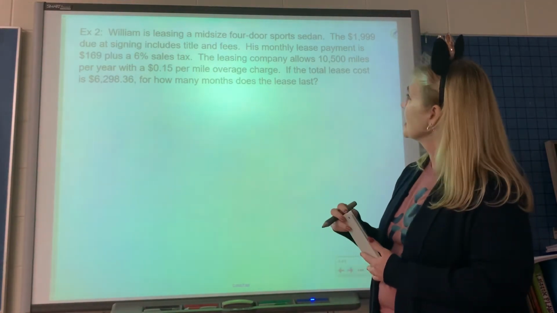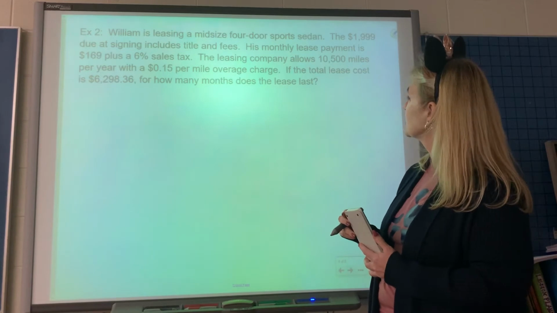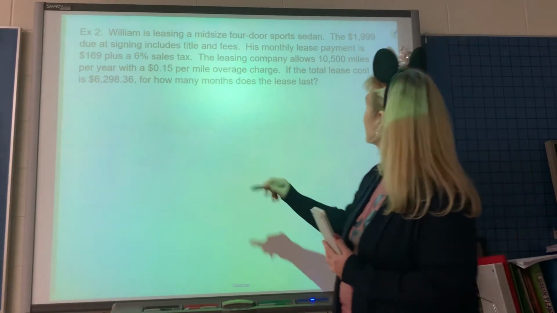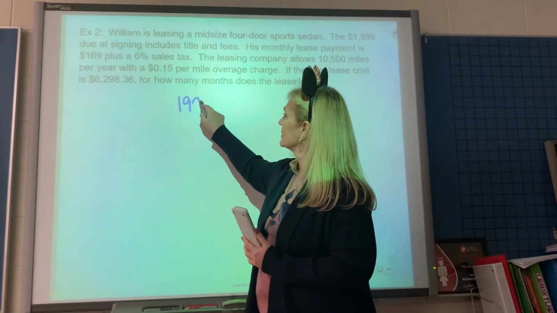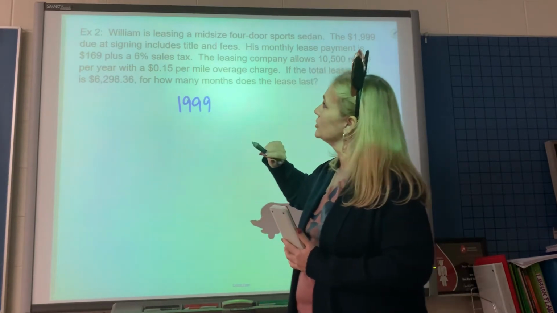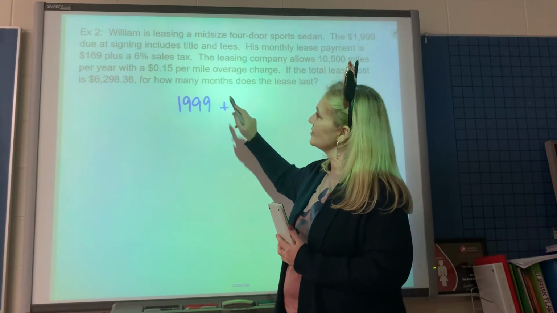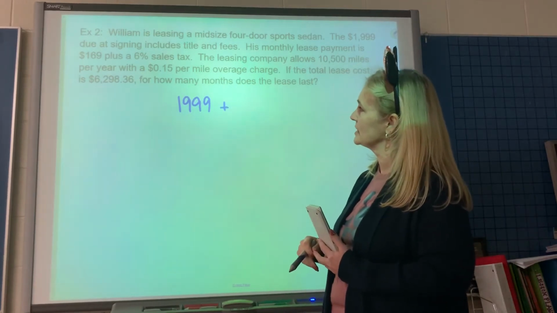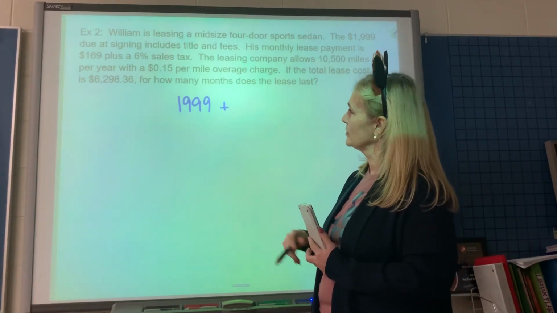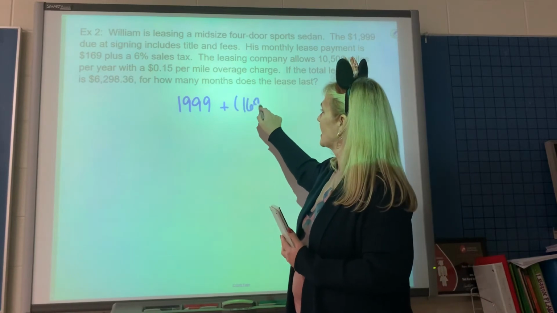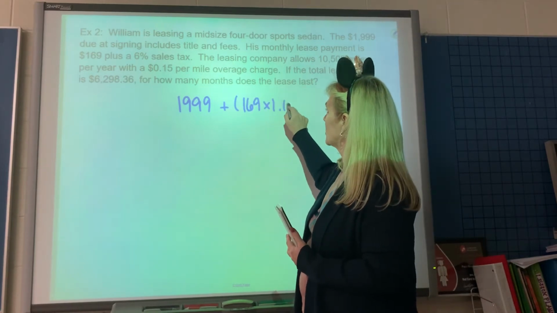Okay, let's see. What would be his costs when he leases this car? He has to pay $1,999. That includes the title and the fees. He's paying $169 plus a 6% sales tax. So that would be 169 times 1.06.